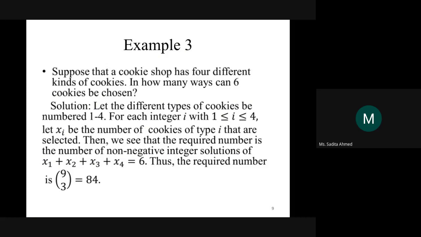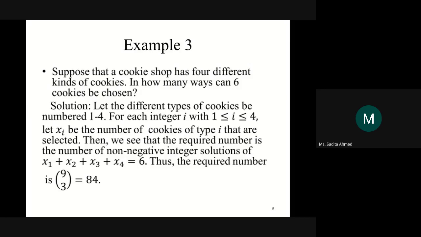Now, if we represent the number of cookies chosen of the first type, chocolate chip cookies, for example, how many cookies of the first type were chosen? We represent that with x1. Again, remember, we're talking about the cookies that have been chosen.